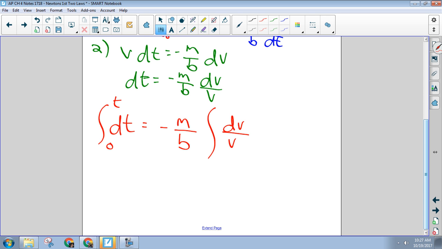Now, over here, during this time, my velocity is changing, right? What was my velocity at time 0? Initial velocity, v naught. And at the end of time t, my velocity is v of t, which is what I'm trying to find.